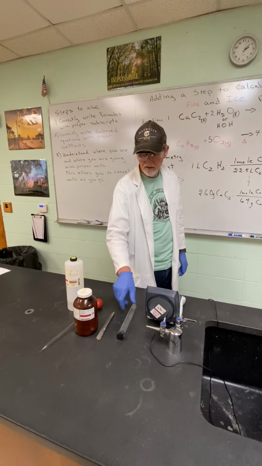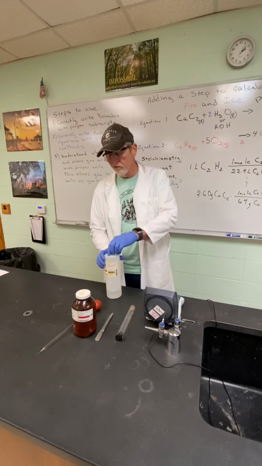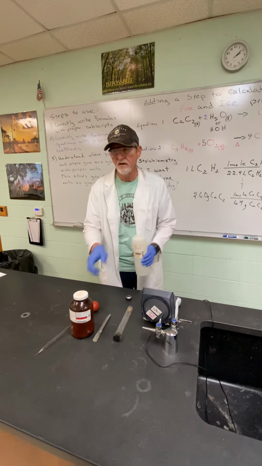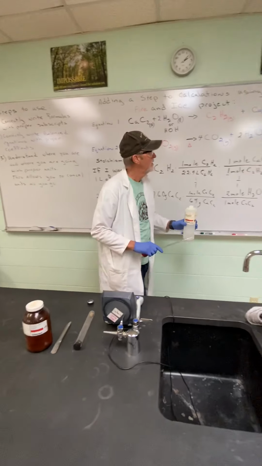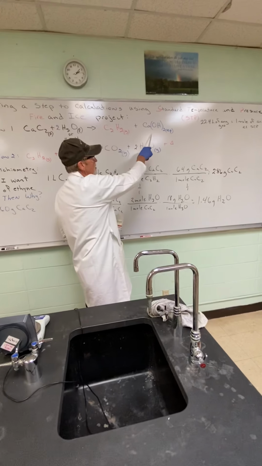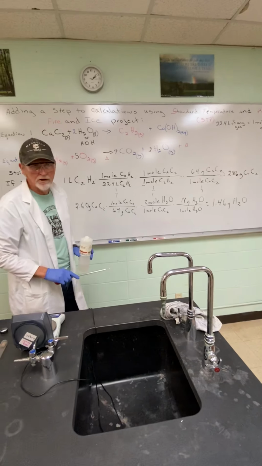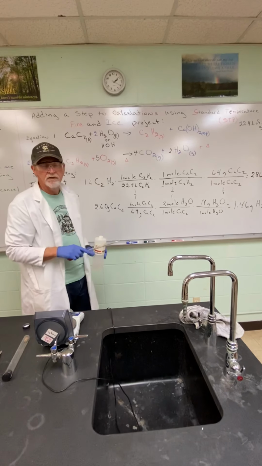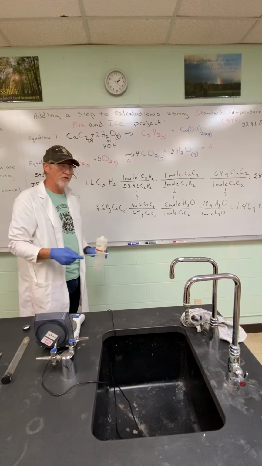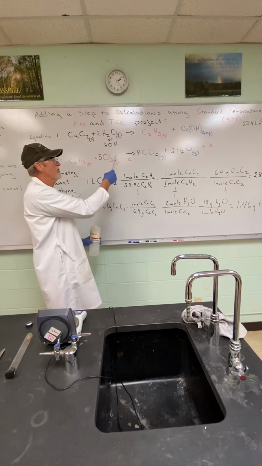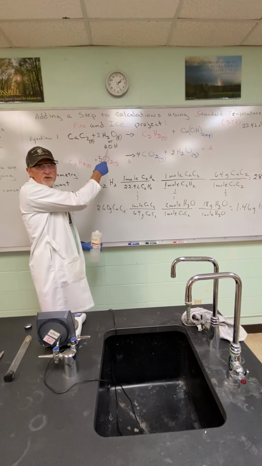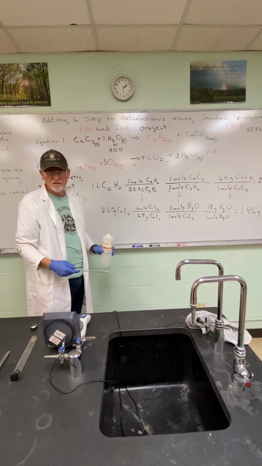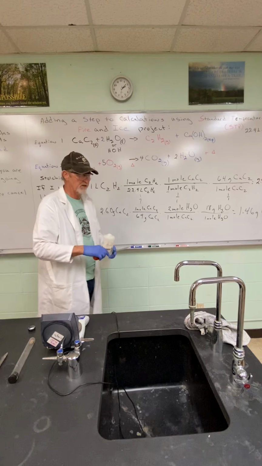I'm going to take a few drops of phenolphthalein, which is an indicator for the presence of the hydroxide ion, which I'm predicting will be made when I put calcium carbide plus water. As you recall, I've shown you it's okay to write water as either H2O or HOH, both the same thing, just a different way of expressing it.